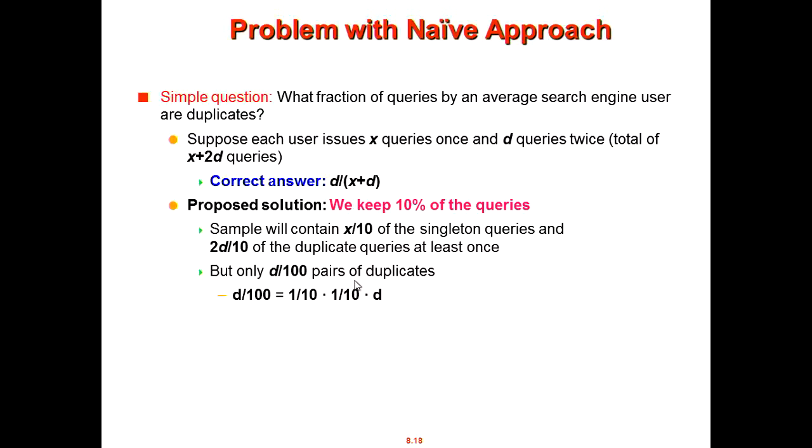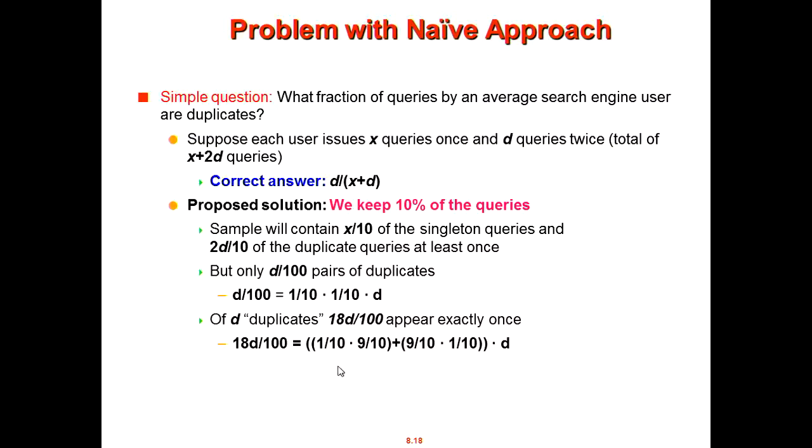And for duplicate queries, only these pairs are duplicates. So you get 10% of the first copy of the queries and 10% of the other copy of the queries. So the probability of duplicate pairs is this value. And of all the duplicate queries, this proportion appears exactly only once. The computation is because of this.